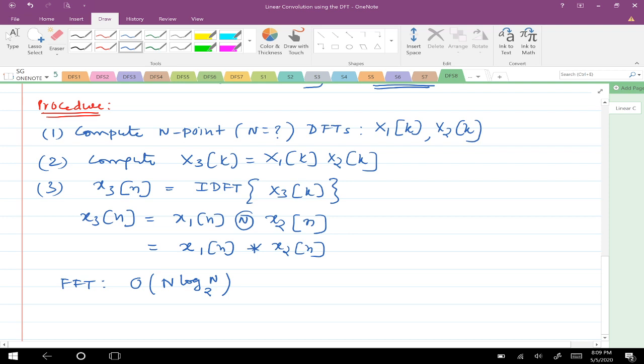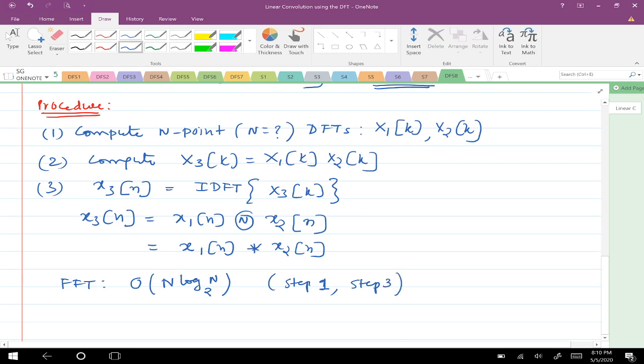And now what about this? That's the computational complexity for step 1, as well as step 3, where you are going to compute the inverse DFT.